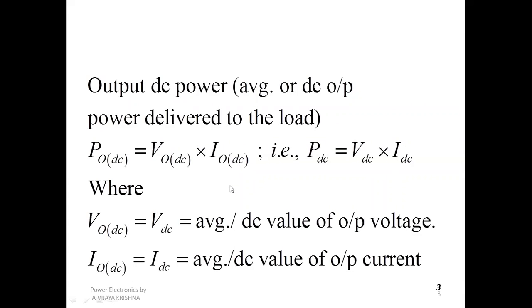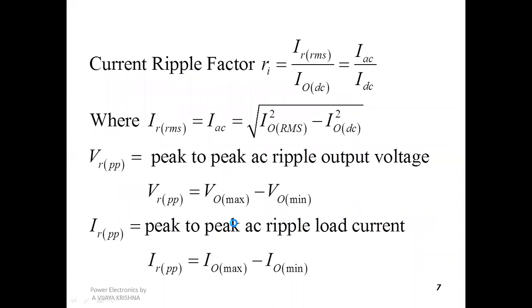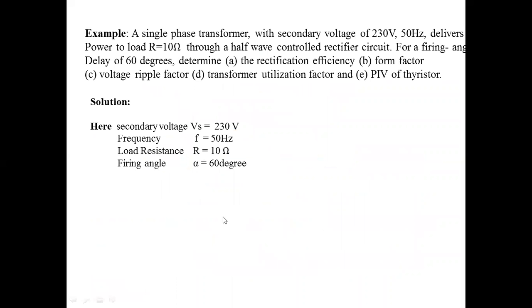Here, the average output voltage V naught is equal to Vm by 2 pi of 1 plus cos alpha, as we know. Therefore, we have to substitute V naught is equal to Vm by 2 pi of 1 plus cos alpha. It is not shown within the slide, but I will explain here. I will note it here. This is the V naught value.